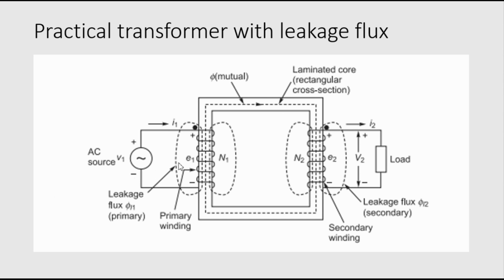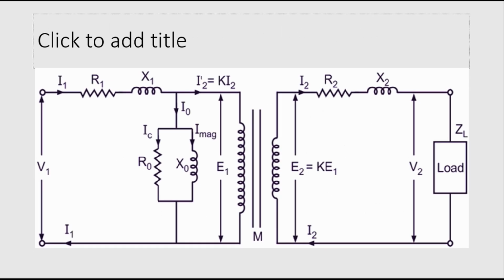So now in a practical transformer, what we can see is that there will be loss in the winding, there will be loss in the core, there will be a need for magnetizing current to set up the working flux, and there will be some leakage flux. With all this flux and those loss components considered, we can draw a phasor diagram of a practical transformer like this.